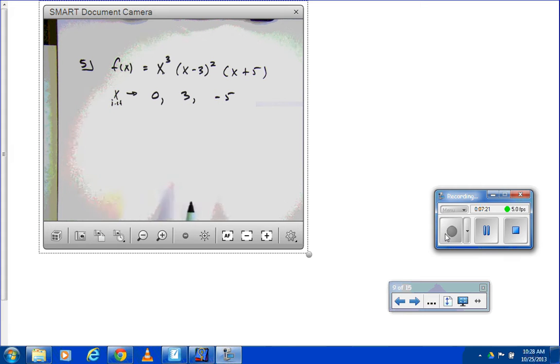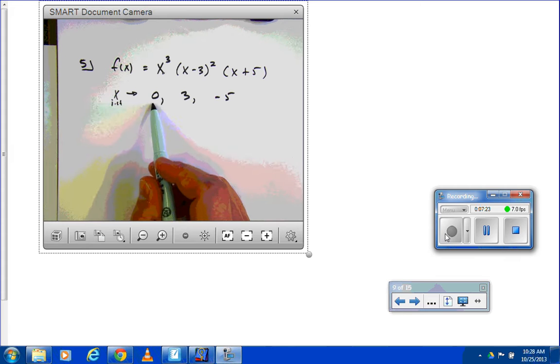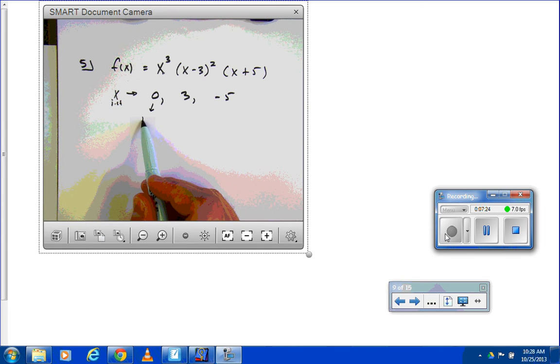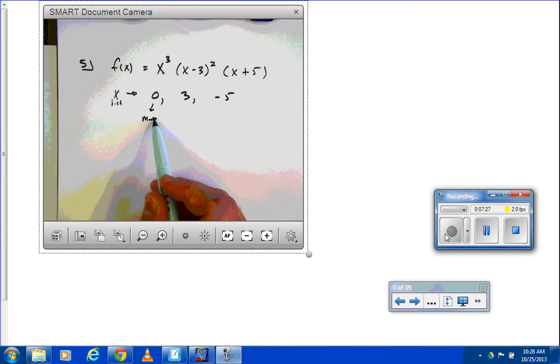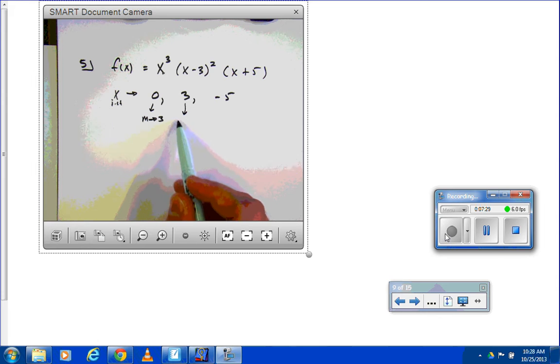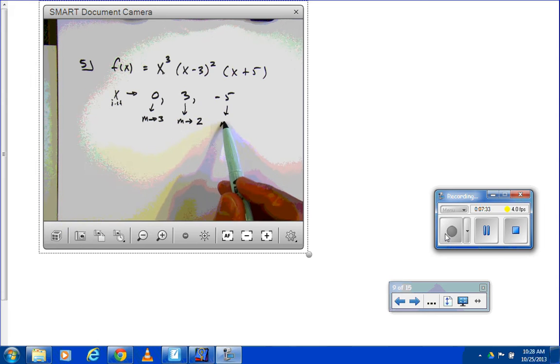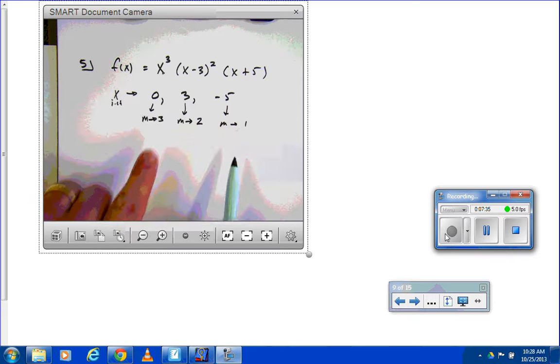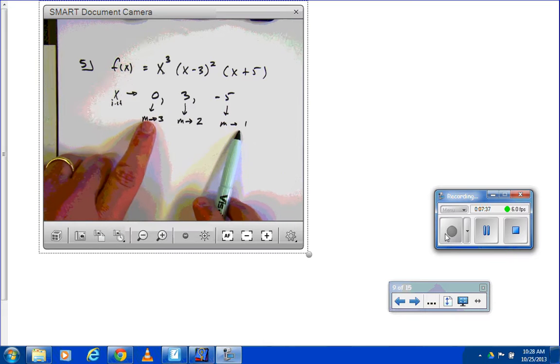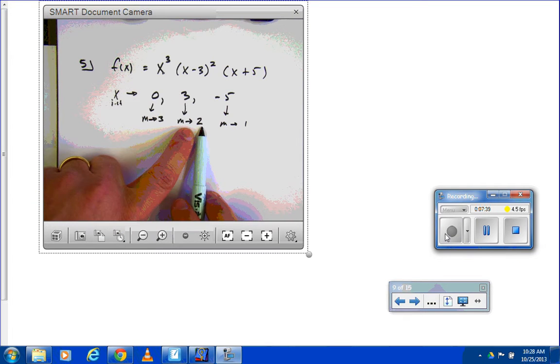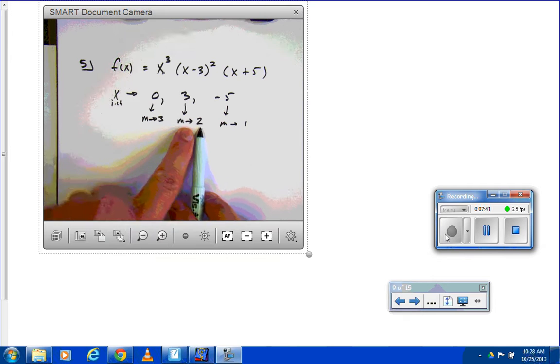Okay, so a lot of multiplicity in this one. This one's got multiplicity of 3, and then this one's got a multiplicity of 2, and then this one's got multiplicity of 1. So you have odd multiplicities here, so these are just going to pass through. But then this one, when I get to 3, it's going to touch and turn around.